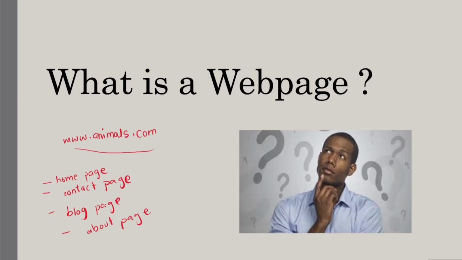The blog page contains the daily blogs, and the about us page lets you know what the website is about. So when we visit a website like www.google.com or www.youtube.com and open it, you are looking at a web page.